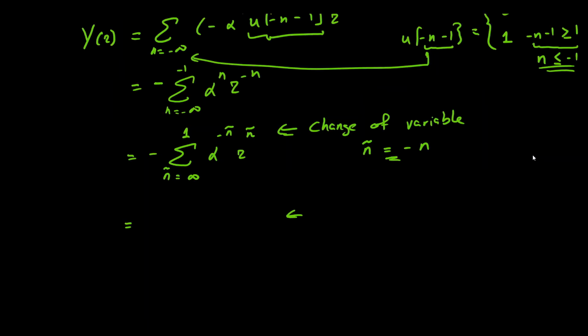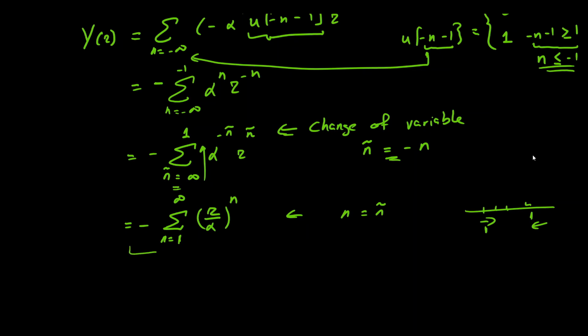Now again, just for simplicity, let me again call n tilde as n. So this would simply be z by alpha to the power n. Moreover, starting a summation from infinity to 1 is equivalent to starting a summation from 1 to infinity. That is, whether you start summation from here until this point, or from here until this point, it remains the same.